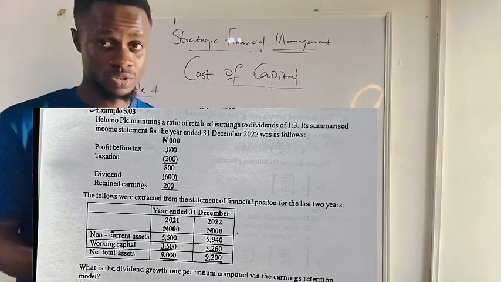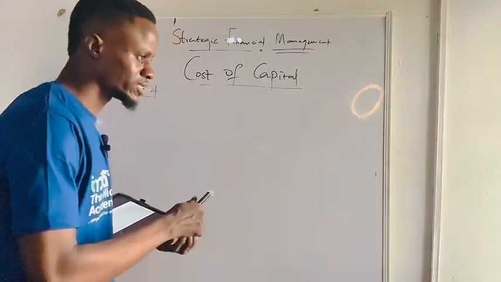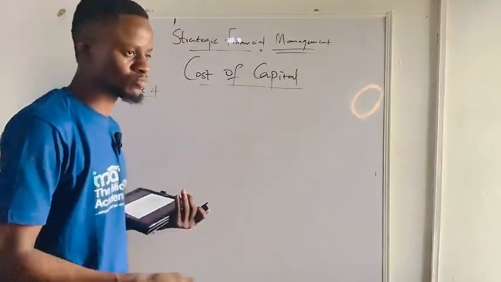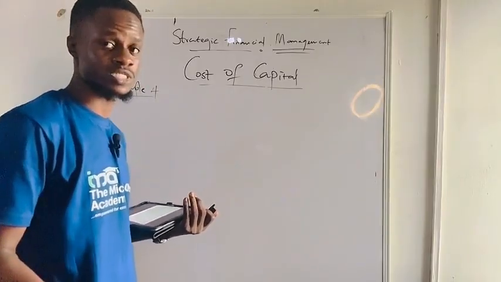Here we are looking for the growth rate via the earnings retention model. When we talk about retention, where do we have retention in our approaches to determining the growth rate?